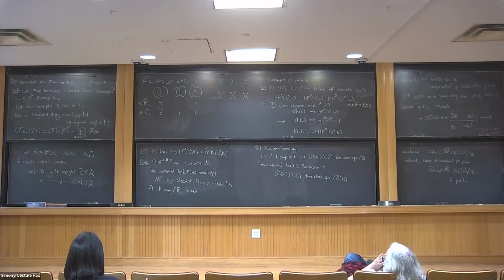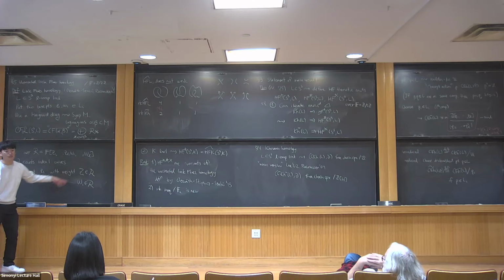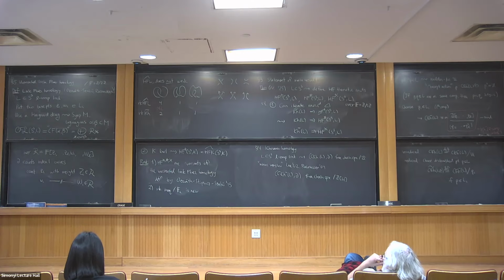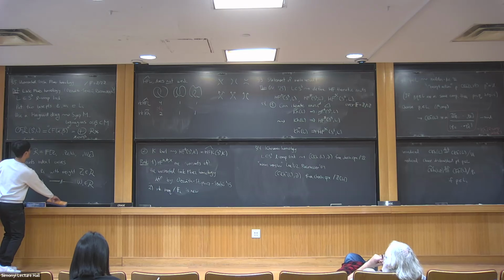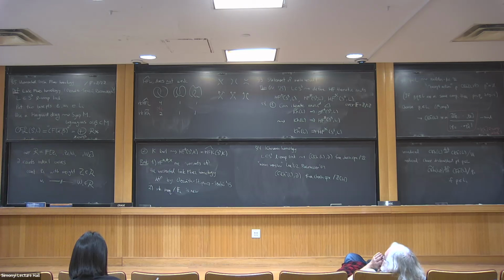And for the experts, there's another popular convention where the weight for Zi is called Ui and the weight for Wi is called Vi. But I will use this convention. And indeed, the version of link Floer homology that I have been talking about, HFL hat, is the homology of this chain complex, which is just given by quotienting out this chain complex by all the variables.